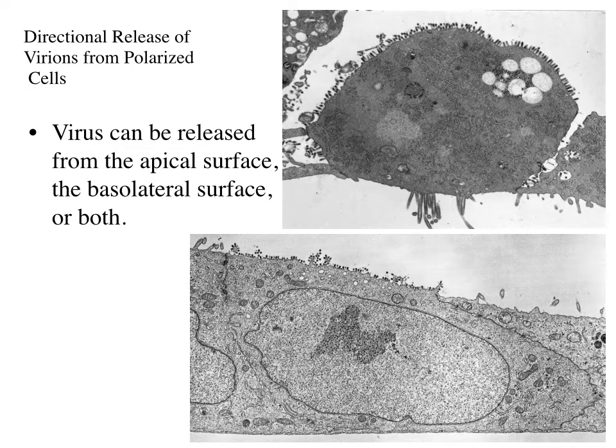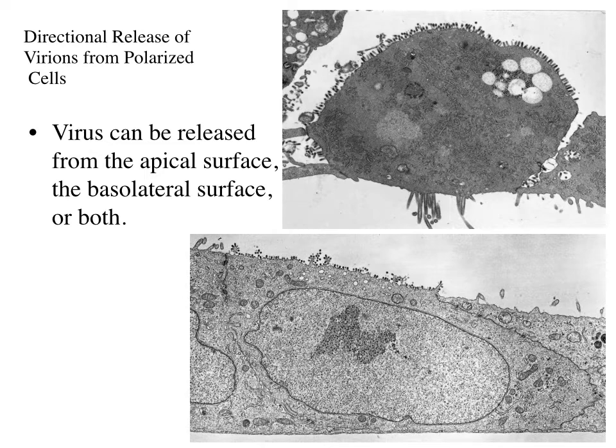On the other hand, release of particles at the basal membrane provides access to the underlying tissues and may facilitate systemic spread. So if you look at these pictures, the EM at the bottom shows virus that infects from the apical surface and is also being released from the apical surface.